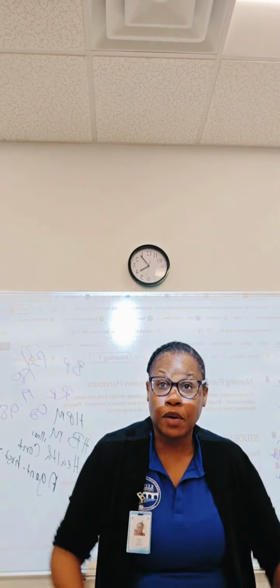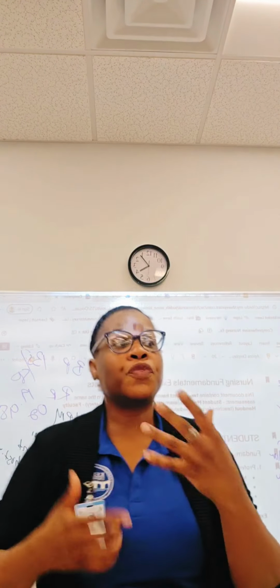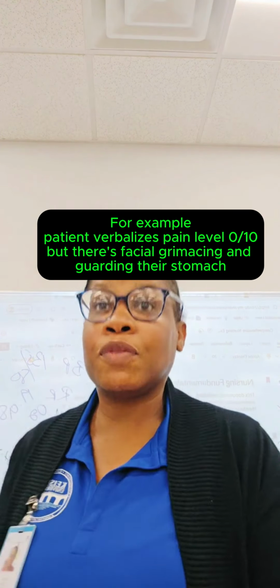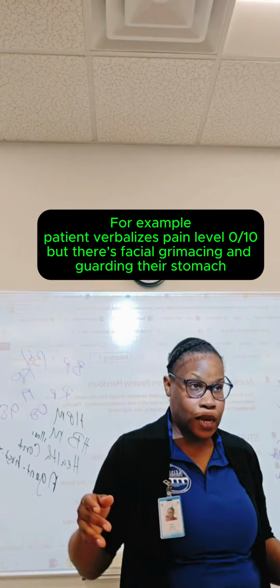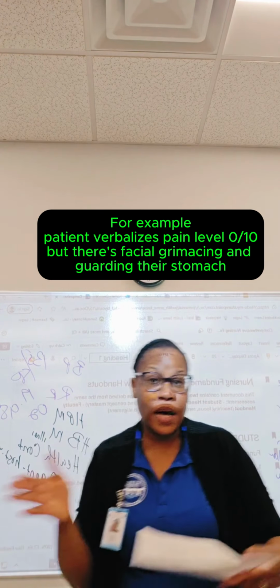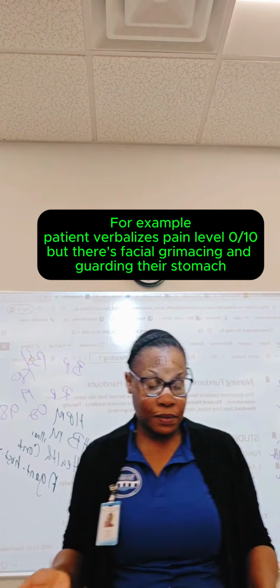For example, the words coming out of my mouth as a patient don't match my actions, the nonverbal cues. I have to look for that because there's an inconsistency there. You see why you have to pay attention to your client? You have to be very observant and address that. You're looking for the inconsistency between what is said and how they are actually acting.